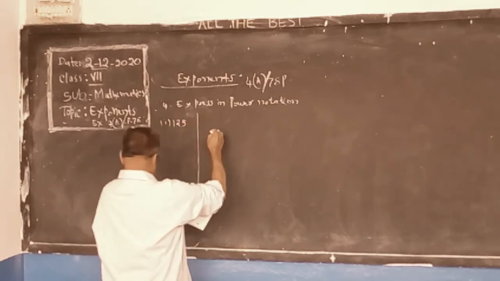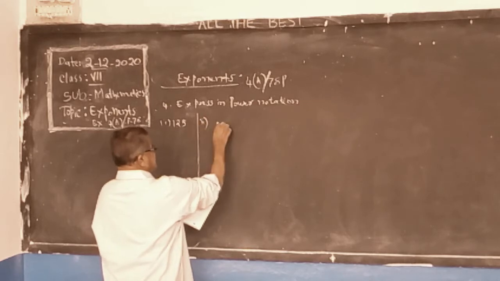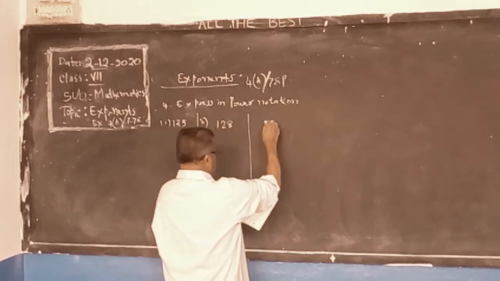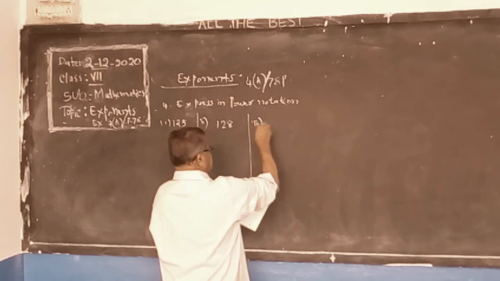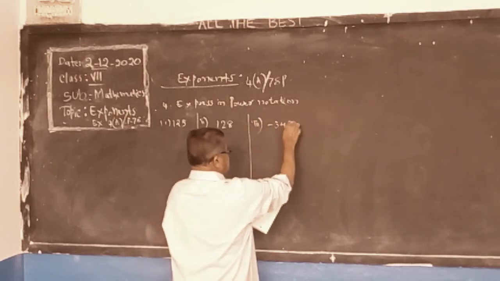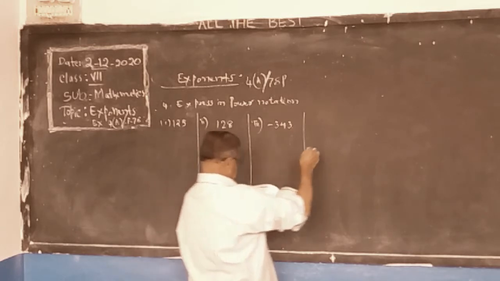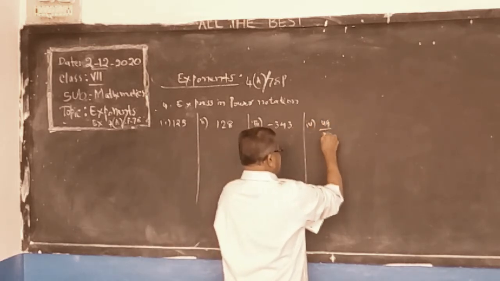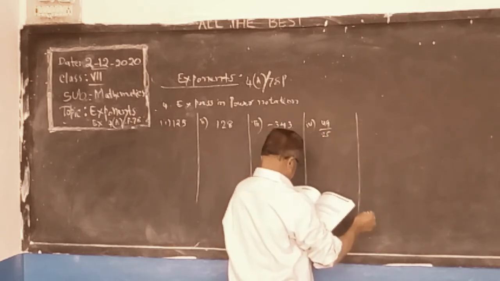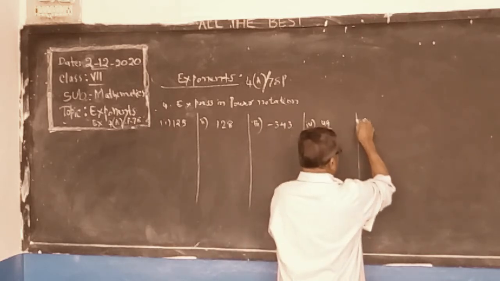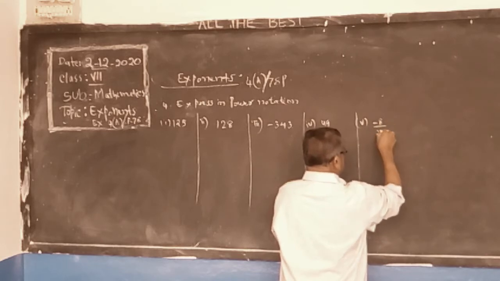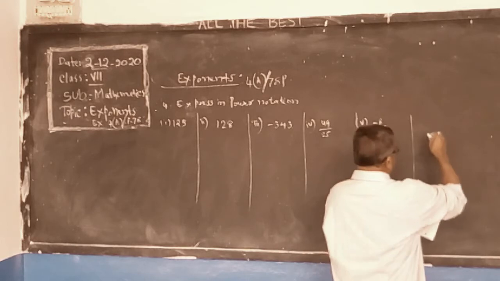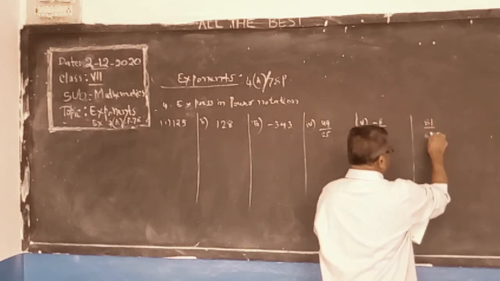Number 2, 128. Number 3, minus 343. Number 4, 49 by 25. Number 5, minus 8 by 27. Number 6, 81 by 625.